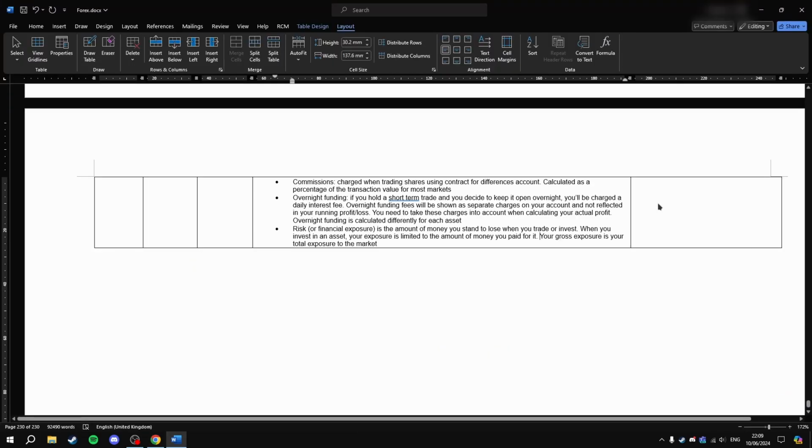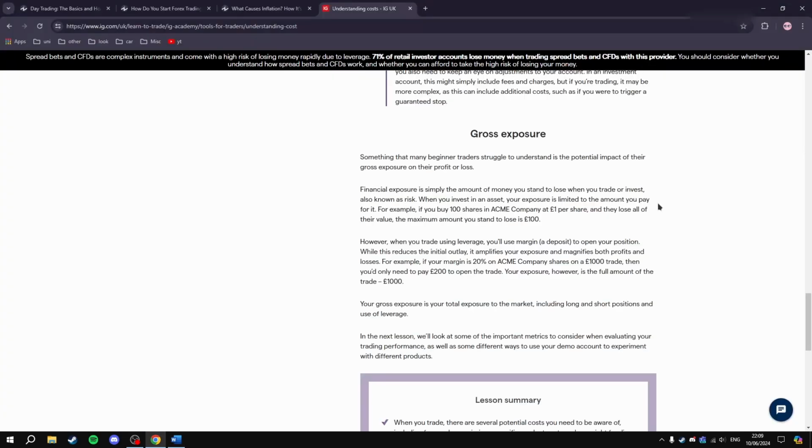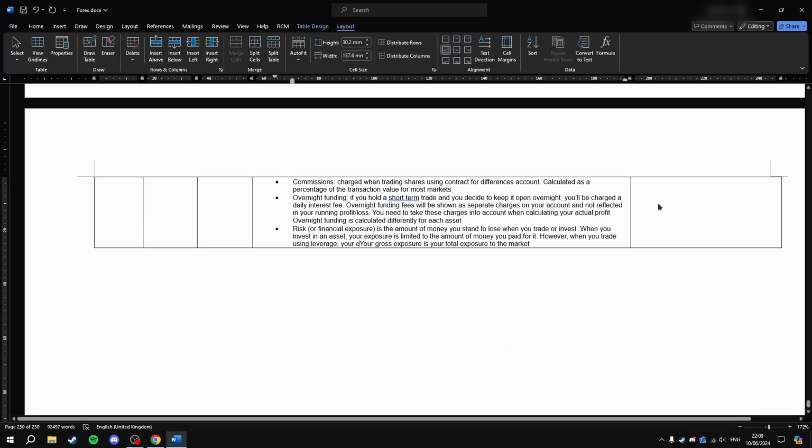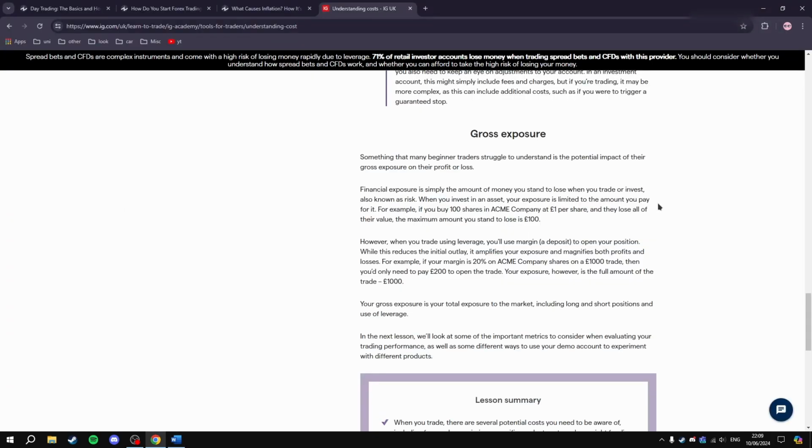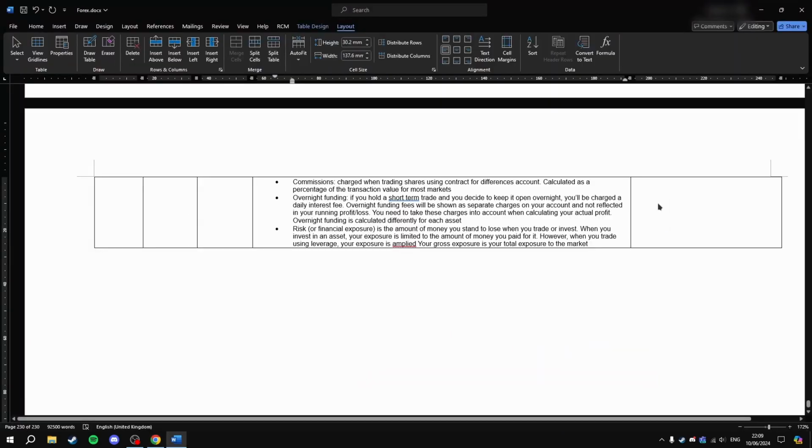However, when you trade using leverage, your exposure is amplified.